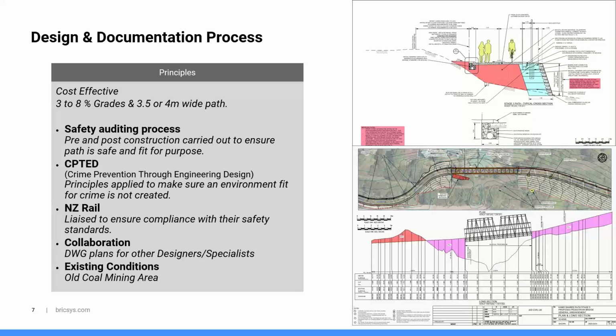So yeah, general principles that we tried to stick to was keeping the grade of the path between 3 and 5%, which for a good part of the track has been easy to achieve, because as you can see in the drawing on the top right hand side, a lot of the time we're following existing rail track, so the grade there generally is about 2%.